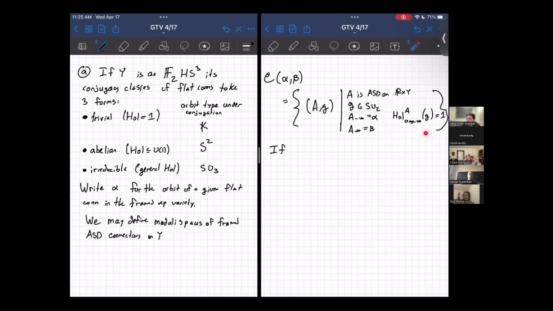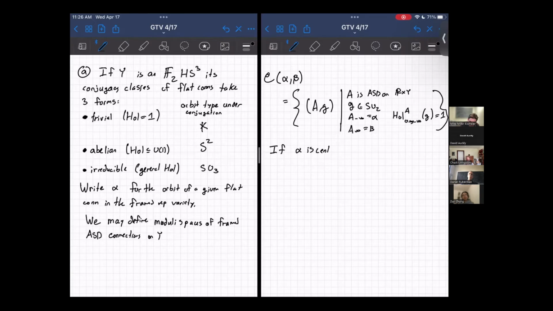If alpha is a point, this condition is trivial. If alpha is one of these abelian connections, so its orbit type is a two-sphere, this condition is sort of one dimension weaker than the condition for an irreducible alpha. And what that means is that these moduli spaces retain some of that group action from the conjugation action.